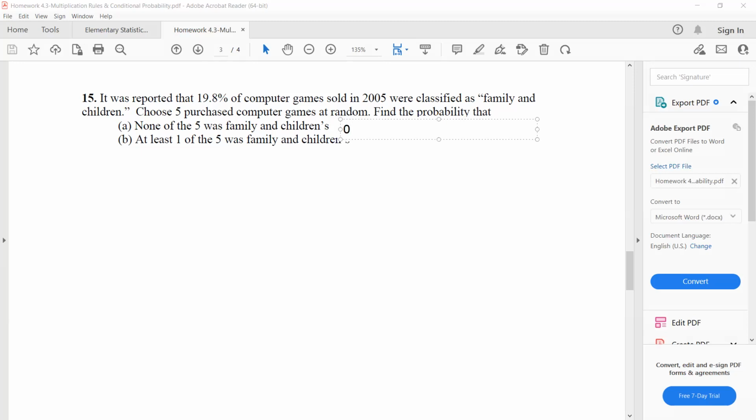This was 0.332, right? Yes. And here we have, if we're doing at least one of the 5, then we know that the probability of at least one family and children was, or is, I should say, because it's a complement of that event, equal to 1 minus the probability of no family and children, right?